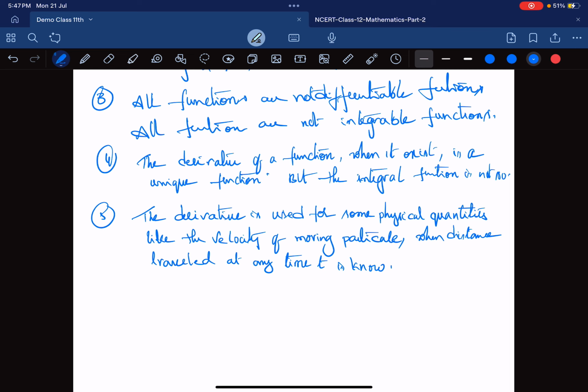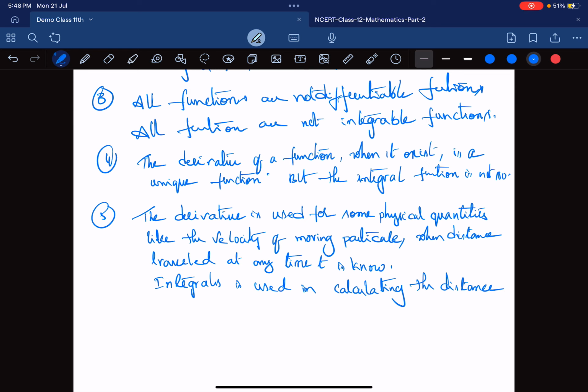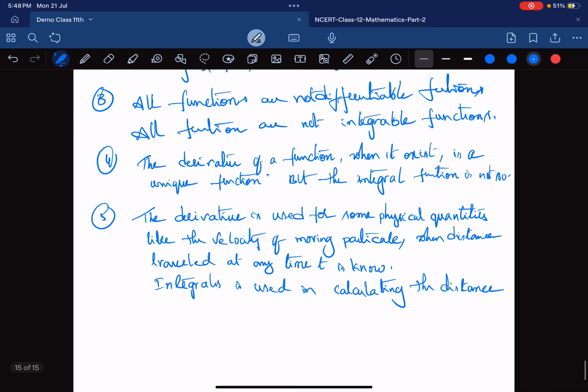Integration is also used to calculate the distance traveled when the velocity at time t is known.